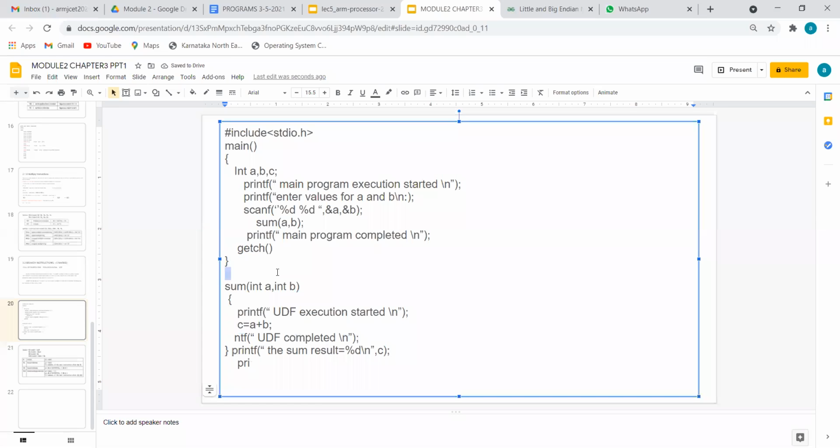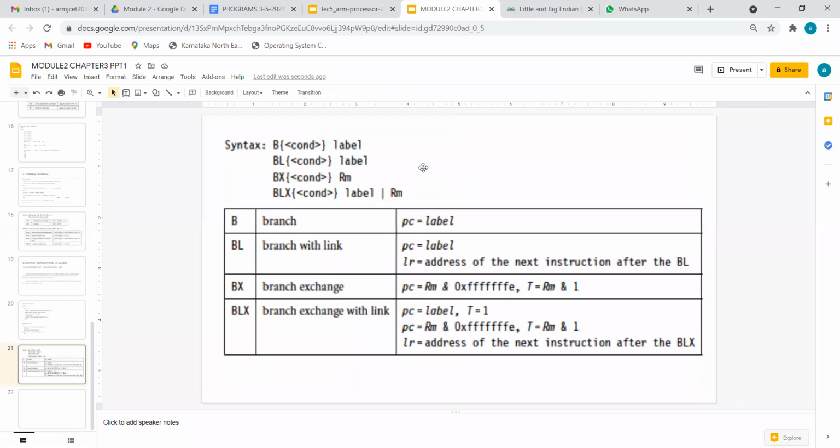So whenever we don't want sequential execution, then we have to use branch instructions. Now comes what are the important conditions for branch. Always in our program, we are using most of the time single letter B, which indicates branch only. Branch without any condition.